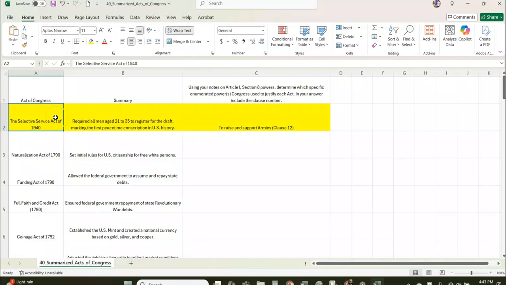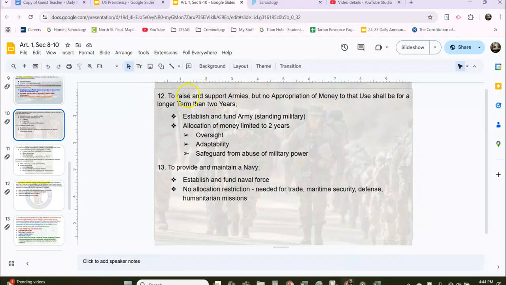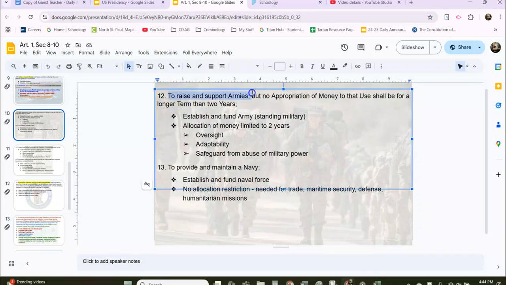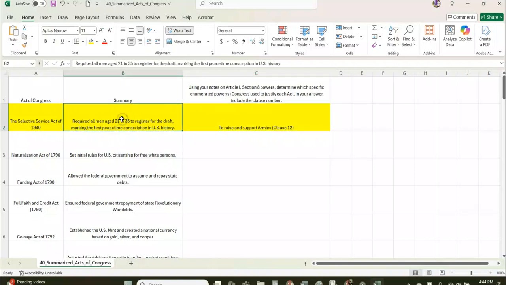And so they made the law that said we need to know that if something happens here in the United States, we have military numbers. And so my answer to this is to raise and support an army. I don't need to write this whole thing. I'm simply writing to raise and support an army, and my answer then is going to say Clause 12, because that's the power that Congress was given to actually carry out this law through the necessary and proper clause.